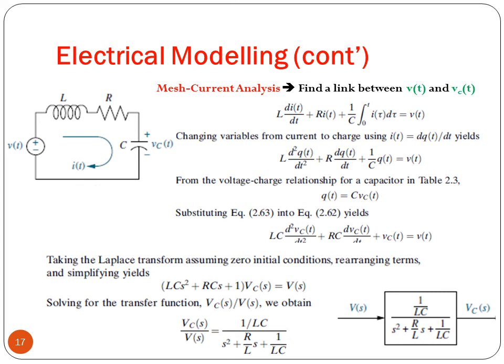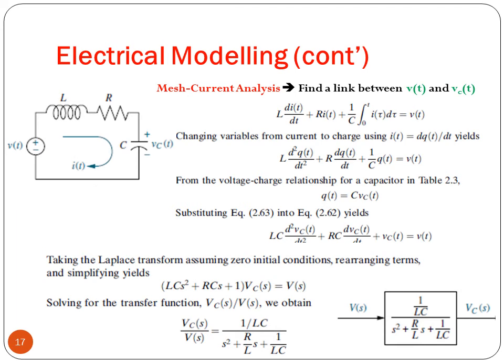This can lead to the following formula after several modifications, or we can first go from this formula, the first one that I have presented, to its Laplace equivalent. So it is Ls I of s plus R I of s plus 1 over Cs I of s equals V of s, and you all know that Vc of s here is equal to 1 over Cs times I of s.